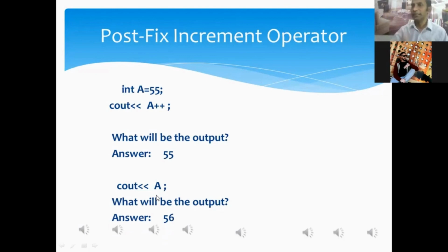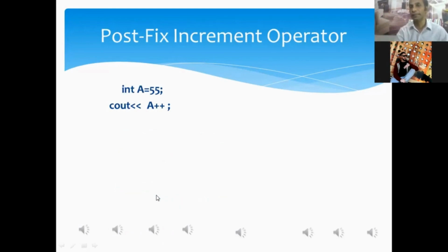Then the variable will be incremented by 1. As a result of this cout statement, whatever the value of A is, that will be displayed.